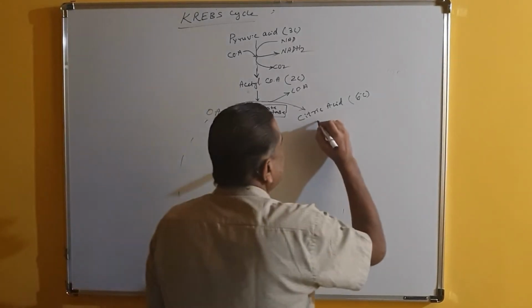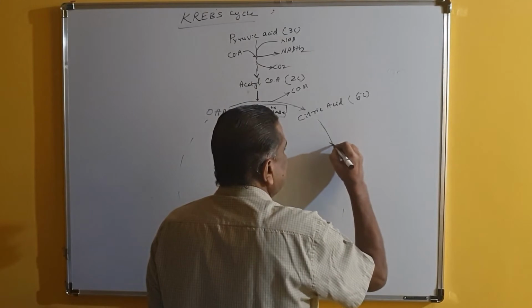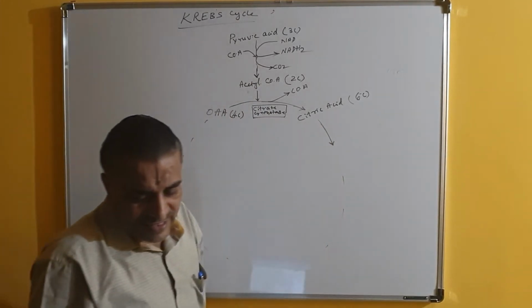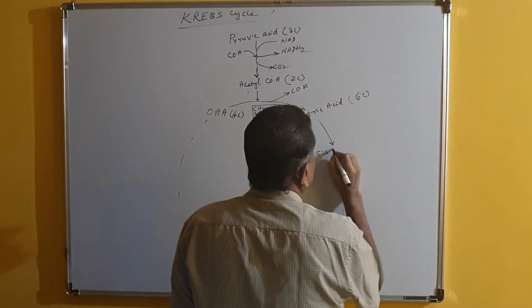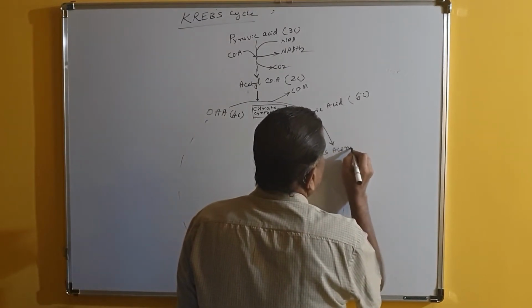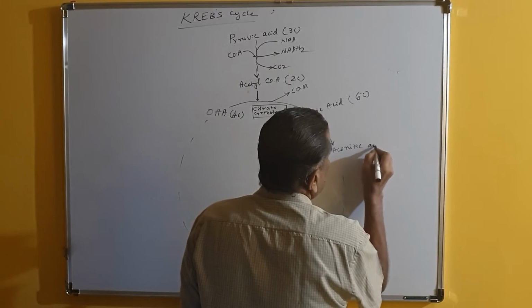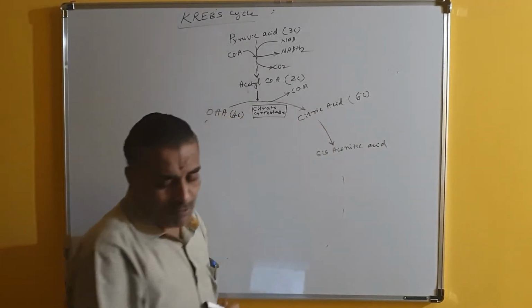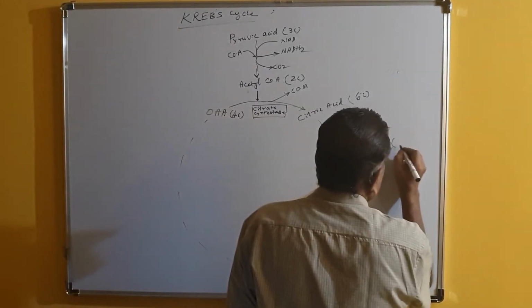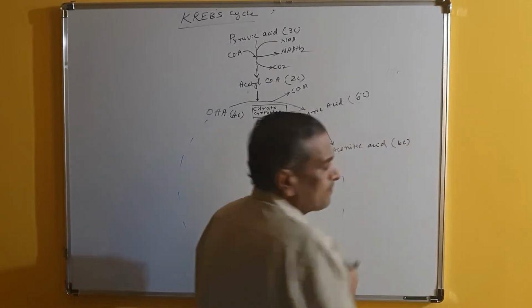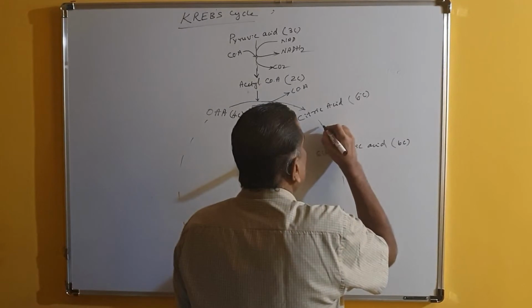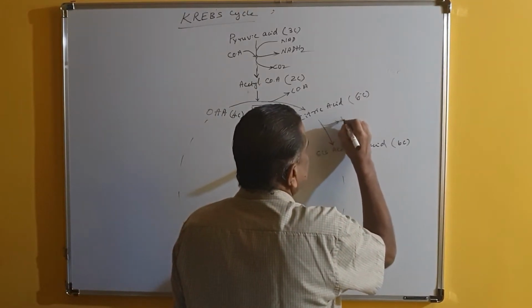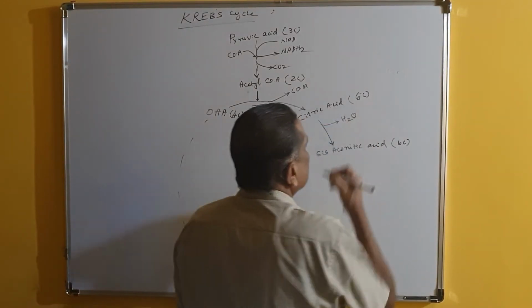The citric acid is now converted into one more compound, cis-aconitic acid. Cis-aconitic acid is again a 6-carbon compound, and during this one molecule of water is liberated. This is dehydration.